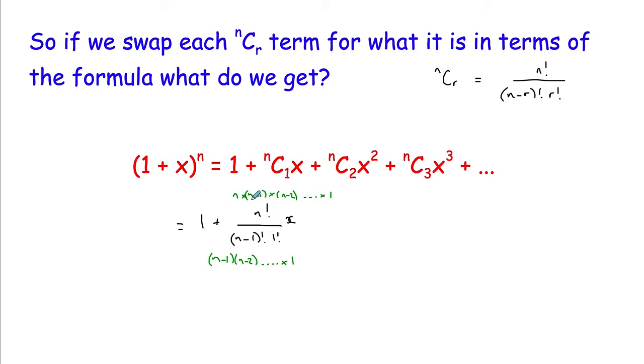So what's going to happen is these terms on the top, that n minus 1 is going to cancel with that n minus 1. That n minus 2 is going to cancel with that n minus 2. The n minus 3 that's sat here is going to cancel with this n minus 3 here. And the 1s are going to cancel. Not that the 1s are particularly important. So a lot of this is going to cancel down, and if we look at what we've got left, we've got an n times an x over 1 factorial.